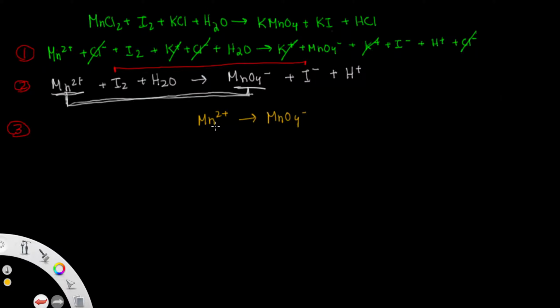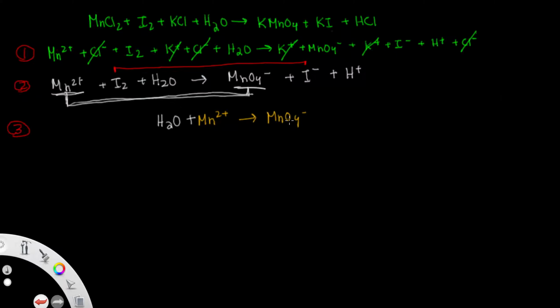Well, I do have 1 manganese here, and I have another manganese here, but wait, I have 4 oxygens on this side, and I have 0 oxygens on this side, so what can I do? Well, I can add, and this is a rule that you have to know when it comes to redox reactions. If you want to add oxygens, you can add water molecules to the system. Okay, so we're going to add some water. You can add some water to the reaction to balance out these oxygens.